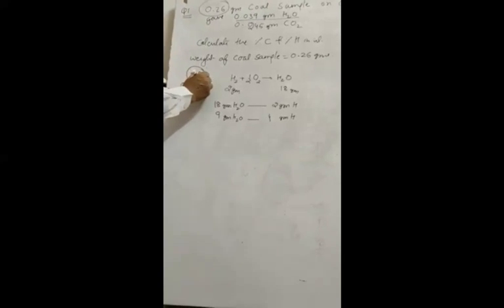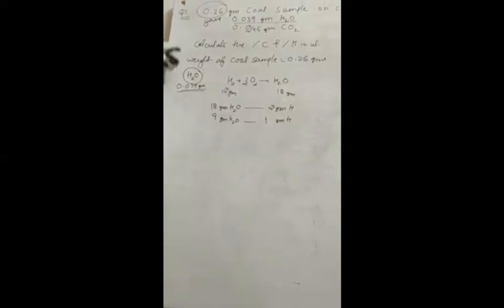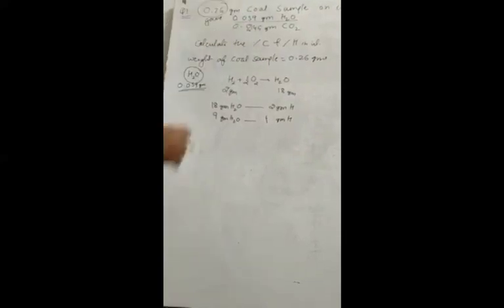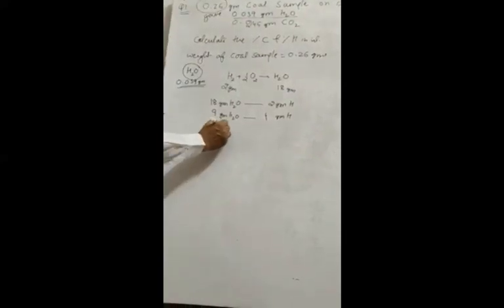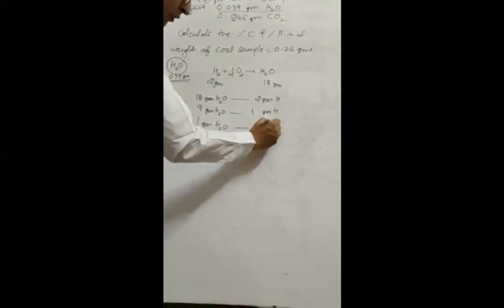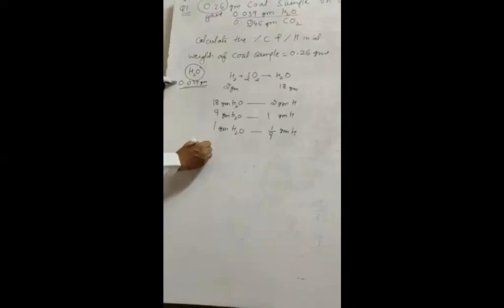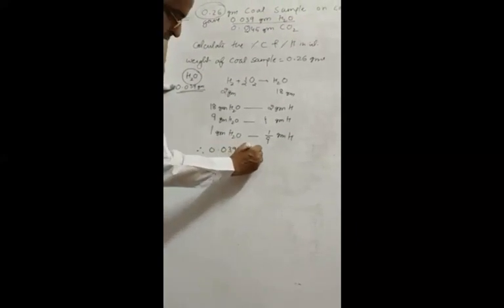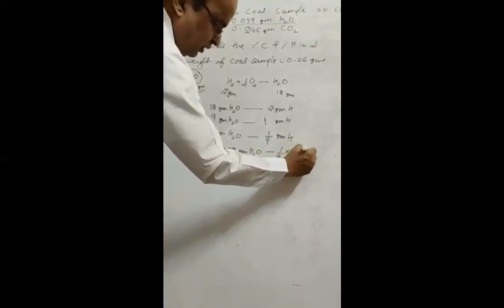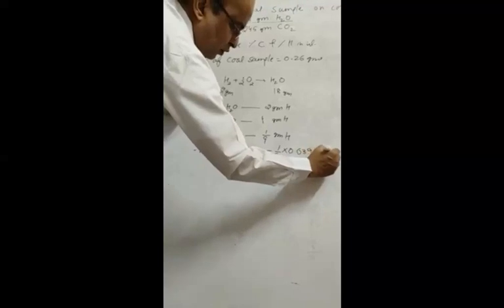The weight of water that was obtained is 0.039 grams, from 0.26 grams of the coal sample. So 1 gram of water corresponds to 1 by 9 grams of hydrogen. Therefore, 0.039 grams of water gives 1/9 into 0.039 grams of hydrogen.